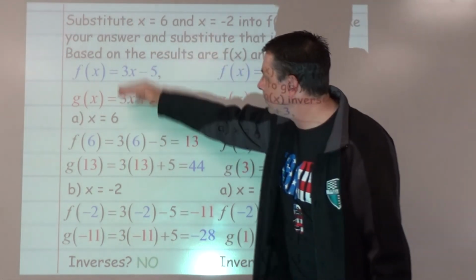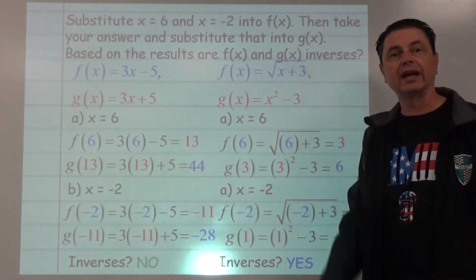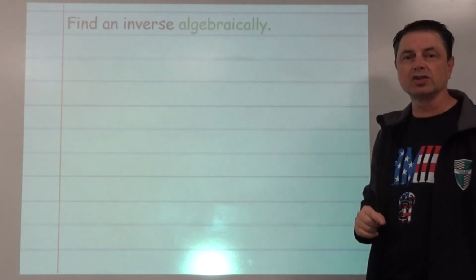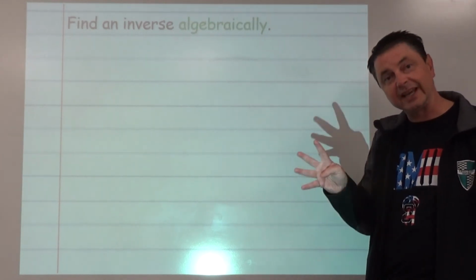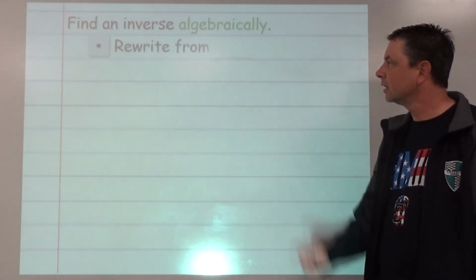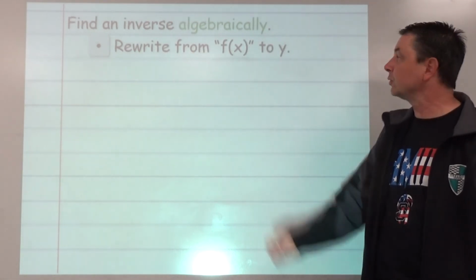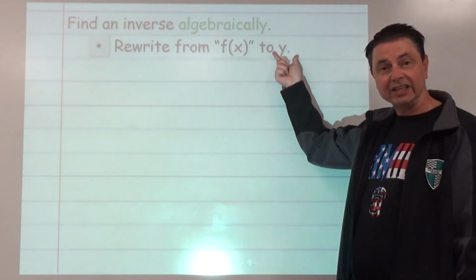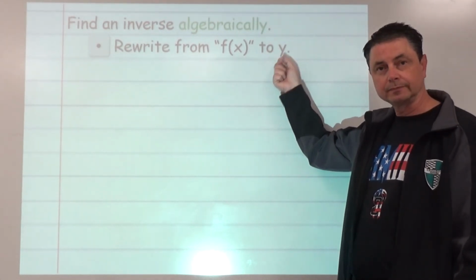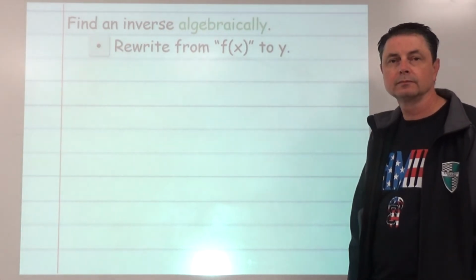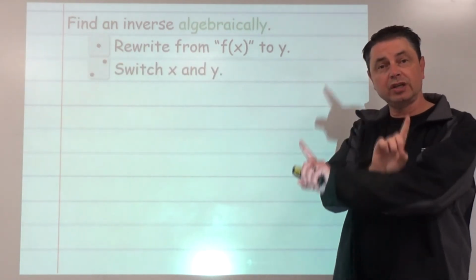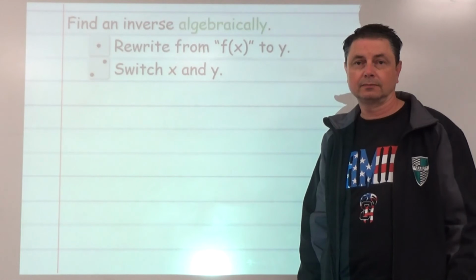So how do we come up with these functions? That's what's next. To find an inverse algebraically, we're going to take these 4 steps. Number 1, rewrite it out of function notation into a y equals equation. Number 2, switch the x and the y.